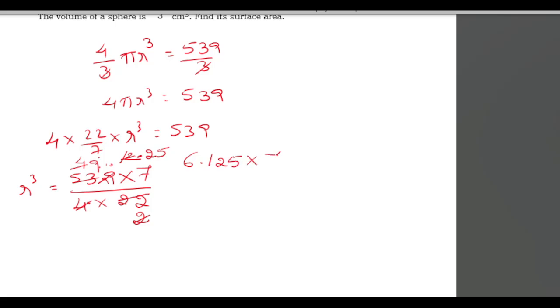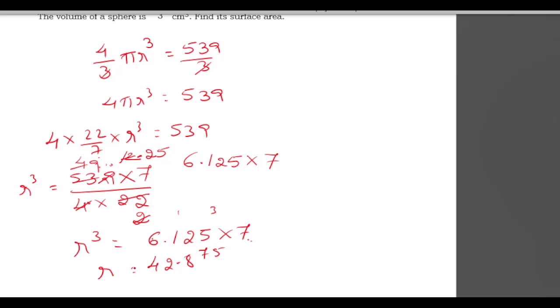So into 7, into 7. R cube is equal to 6.125 into 7, and if you multiply, 3 fives are 35, 7 twos are 14, 14 plus 3 is 17, 7 sixes are 42.